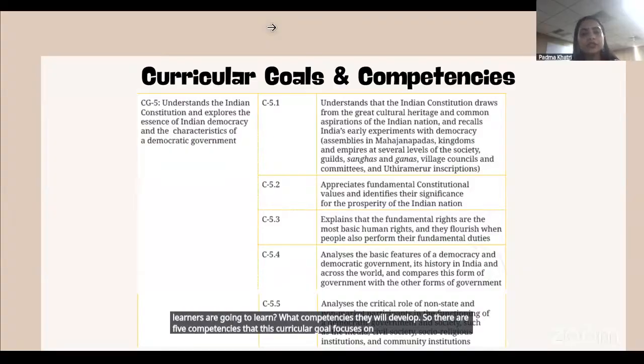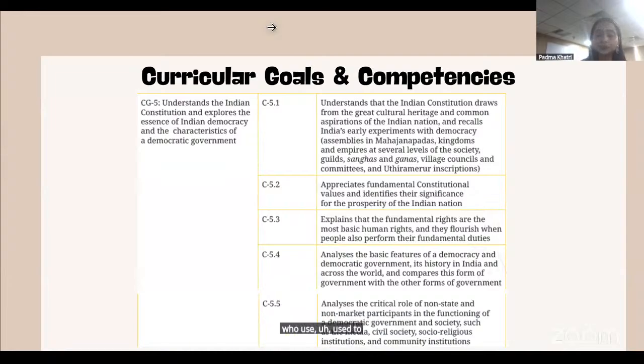The very first is understanding that the Indian Constitution draws from the great cultural heritage and common aspirations of the Indian nation, and recalling India's early experiments with democracy, right? They're talking about the past time also, when there were assemblies, there were mahajanpadas, there were different republics.